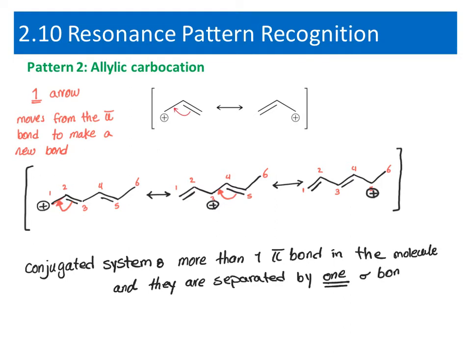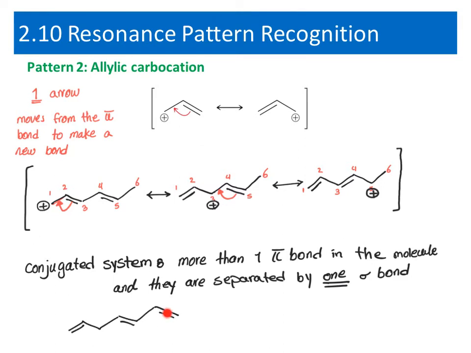So be very careful of that one sigma bond, okay? So if you look at this system right here, we have a double bond, sigma bond, double bond. So this is a conjugated pi system. But if you look at this system right here, okay?